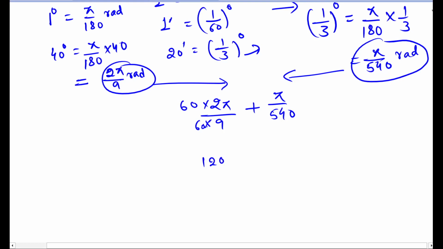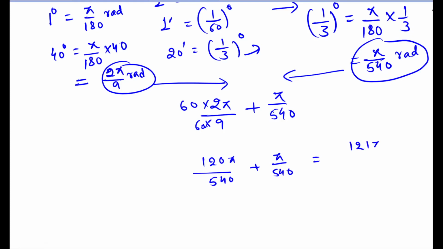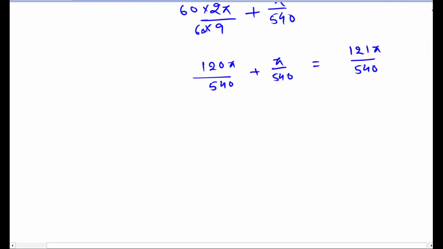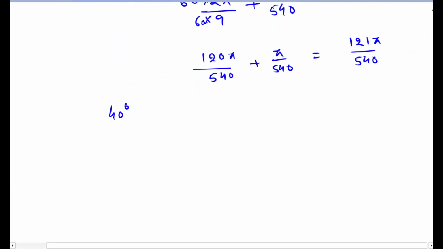So we get 120 pi by 540 and here pi by 540. So it is equal to 121 pi by 540. So we have 40 degree 20 minutes is equal to 121 pi by 540 radians.